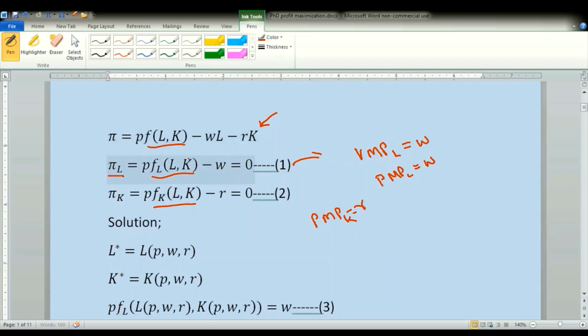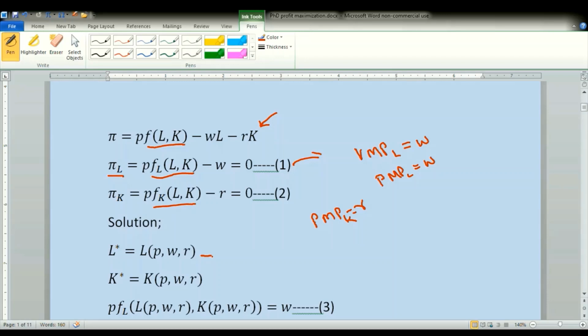Now see that because there were two factors of production, there are two first order conditions, and because we have two equations and two unknowns, labor and capital, we can use these two equations to solve for these two unknowns.